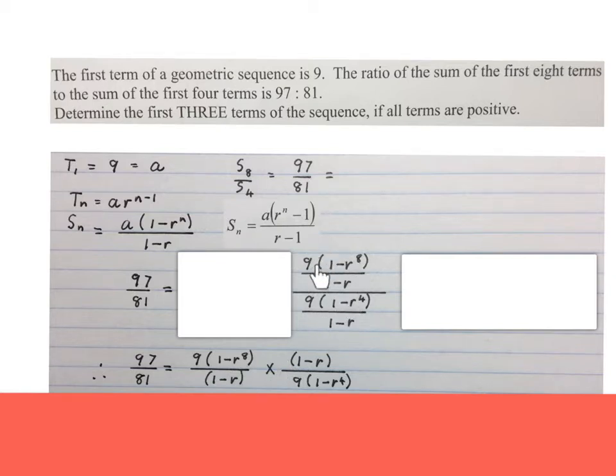Because actually we have this fraction divided by this fraction next to it. And we don't do divide, we change the divide to a times and flip this guy over. And we can simplify. This goes in here once, and goes in there once. 9 goes in there once, 9 goes in there once. I just moved this up to give me space to work in. So this is what our sum looks like now.